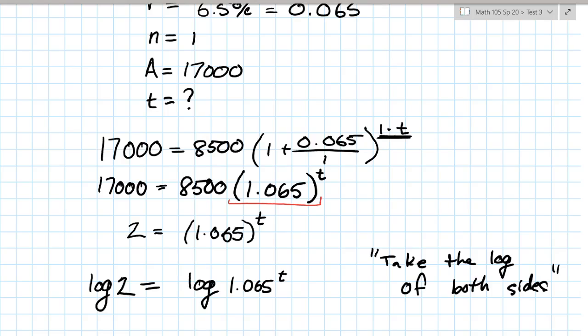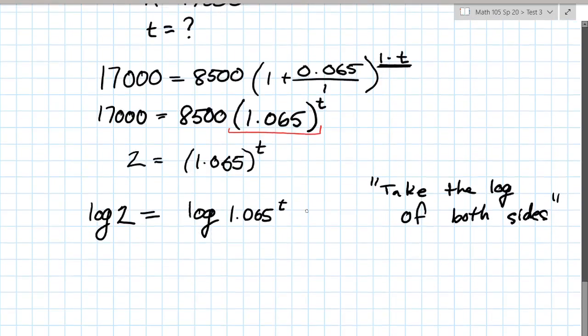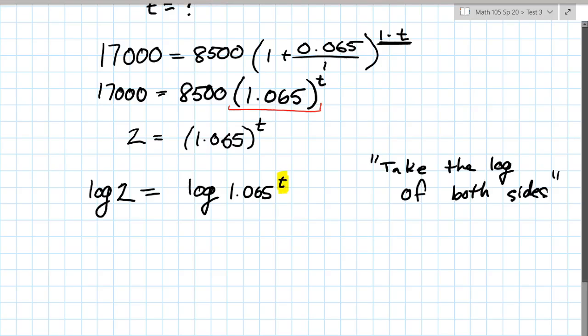And now I can use that power property to bring this power out front. So the log of 2 is equal to t times the log of 1.065.